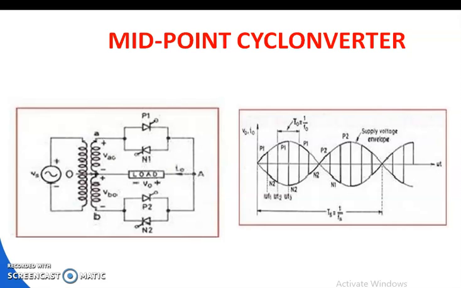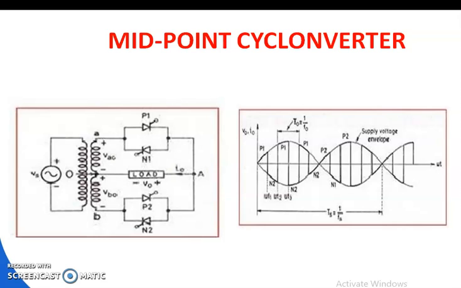The supply voltage Vs is alternating in nature, Vs equals Vm sin omega t. Then the second diagram shows the output voltage Vo and output current Io waveforms. Here the alternate conduction of the thyristor pairs P1, P2, N1, N2 is marked one after another.